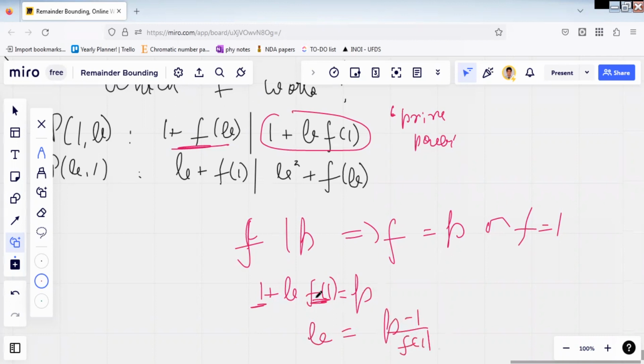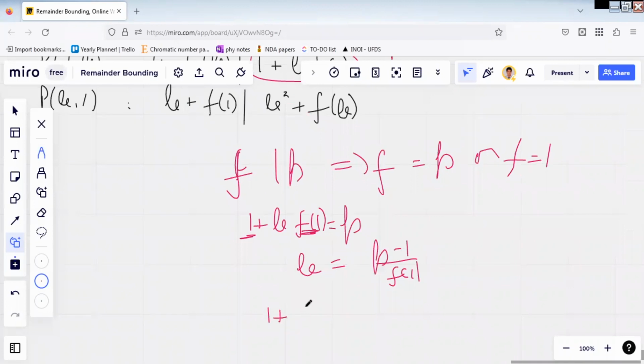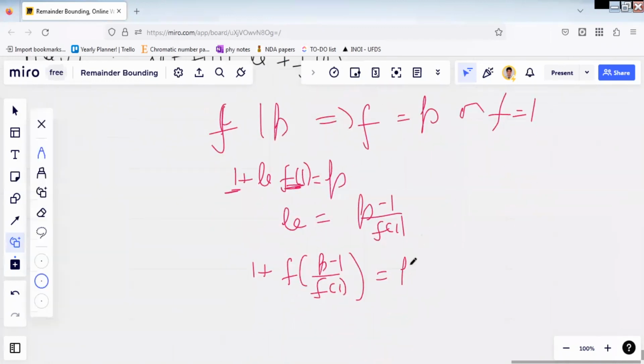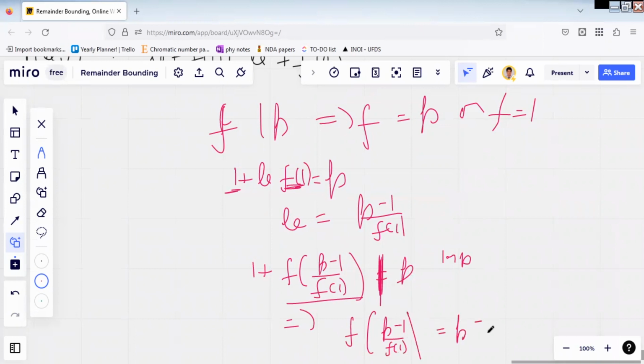So you take b as p minus 1 by f of 1, and then you get 1 plus f of p minus 1 by f of 1 divides p. Clearly, this can be either 1 or p. It can't be 1 because then this thing will be 0, which means that f of p minus 1 by f of 1 is p minus 1 for large p.